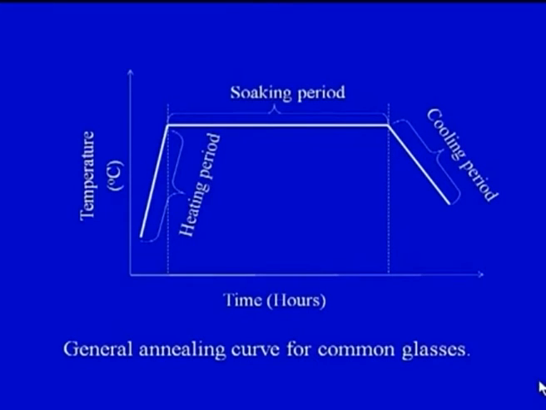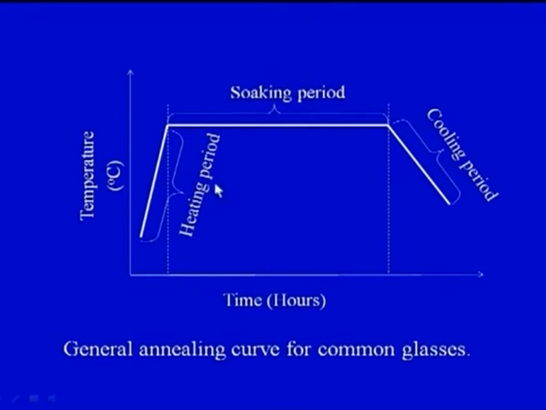We can try to understand this with the help of a very simple diagram on your screen. On the y axis we have the temperature and on the x axis we have the time. We can see that we start from a particular temperature, and the temperature is increased linearly up to a particular time, and this is the soaking period.